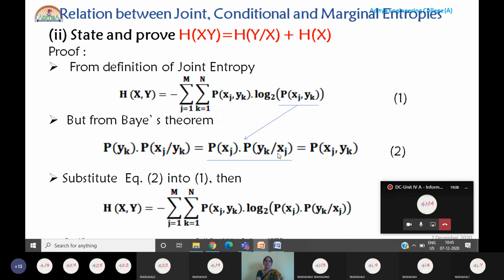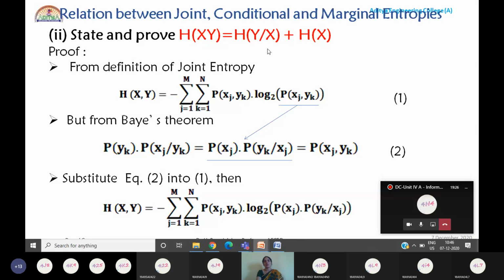For example, if you have the RHS as H of x by y plus H of y, then we replace P of xj comma yk as P of yk into P of xj by yk. Based on the corresponding RHS, we accordingly replace the P of xj comma yk present inside the logarithm.